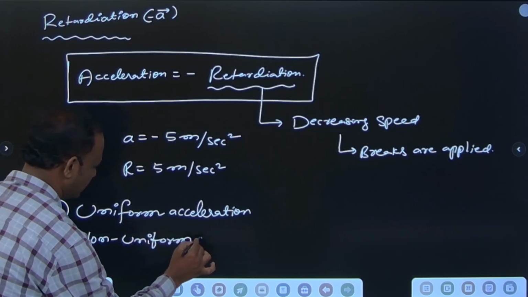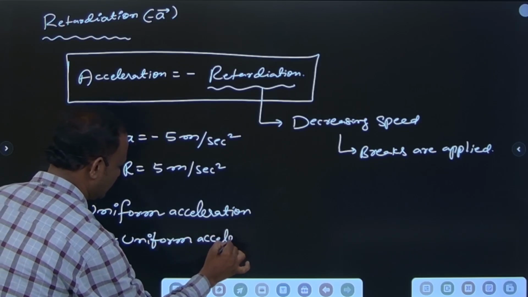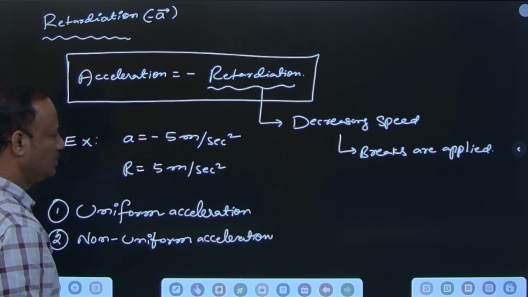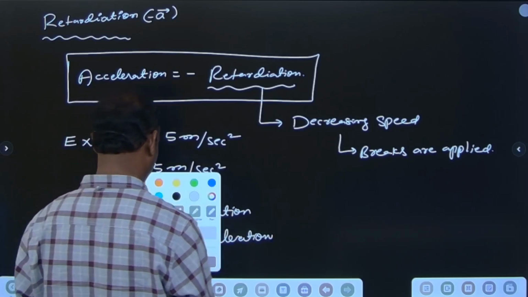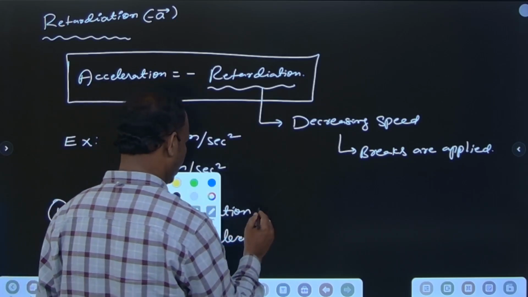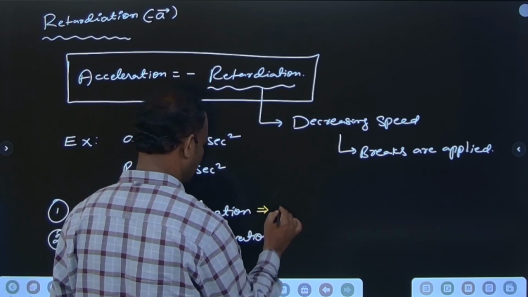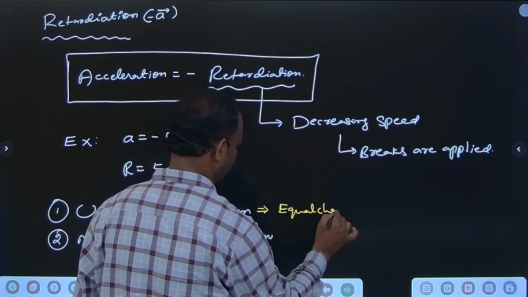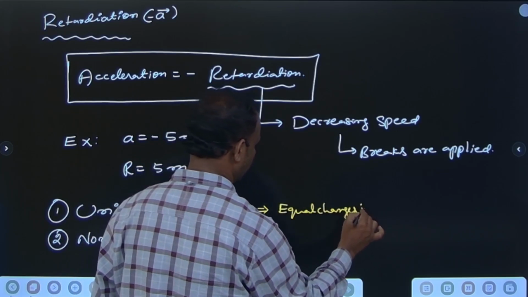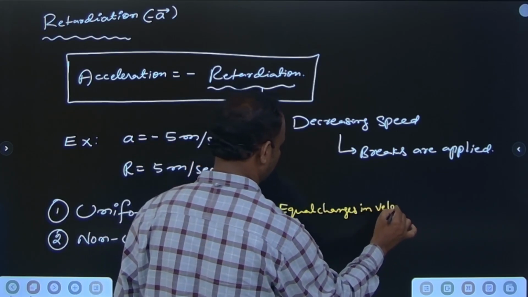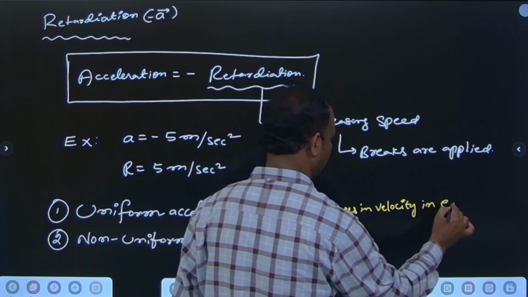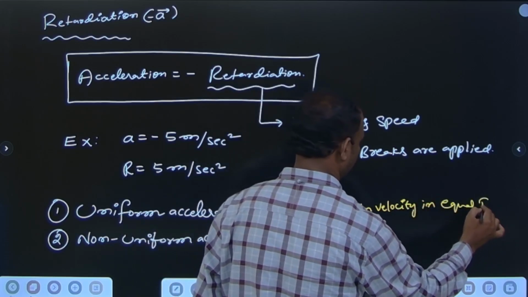Non-uniform acceleration. Uniform acceleration means the body travels with equal changes in velocity in equal intervals of time.